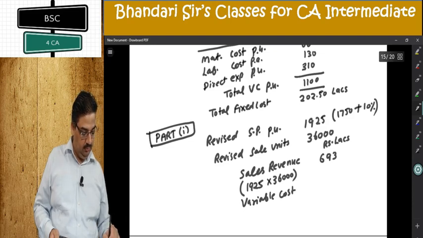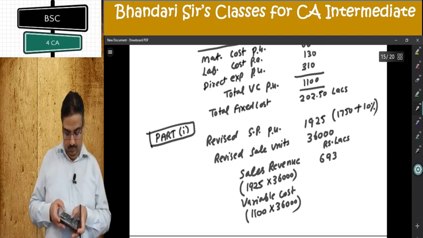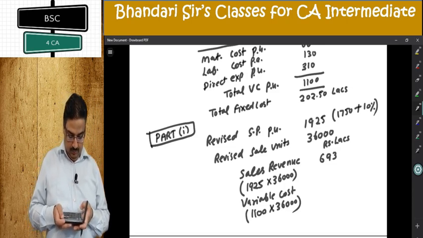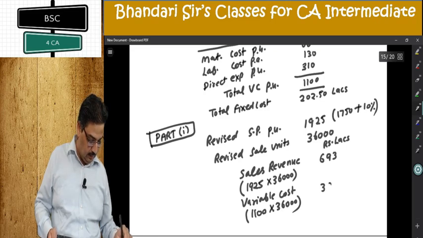Variable cost: 1100 into 36,000. This is 396 lakhs.